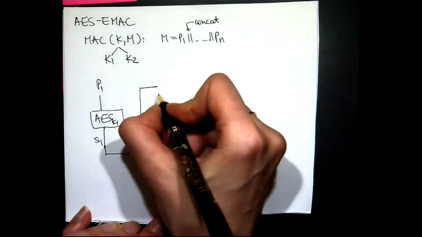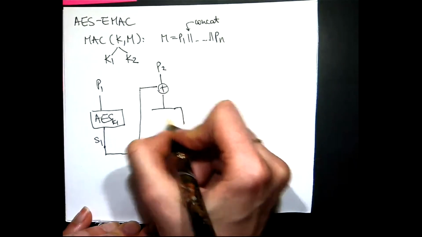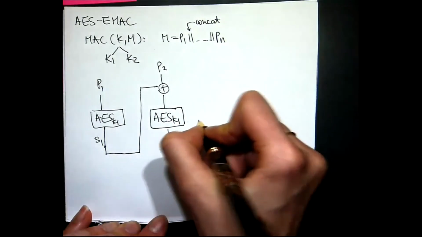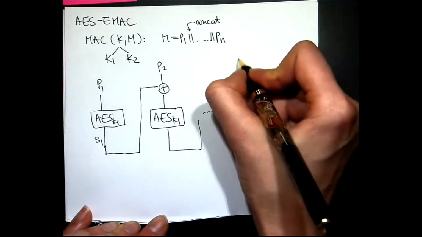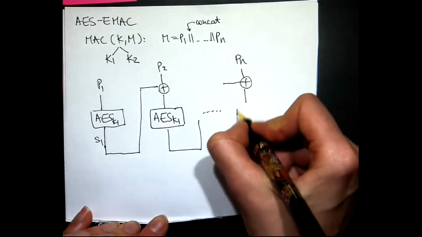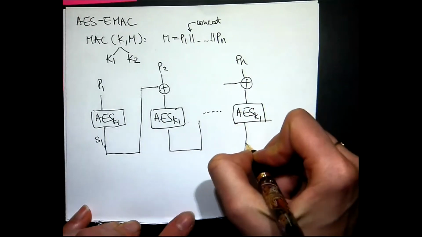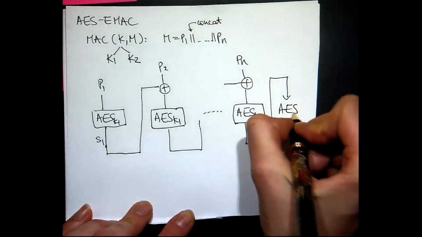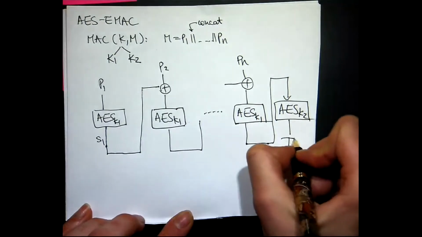Then you XOR that with P2 and pass it through AES sub K1, and so forth, all the way until the very last plaintext block, which you then pass into AES sub K2, and that gives you out the tag.